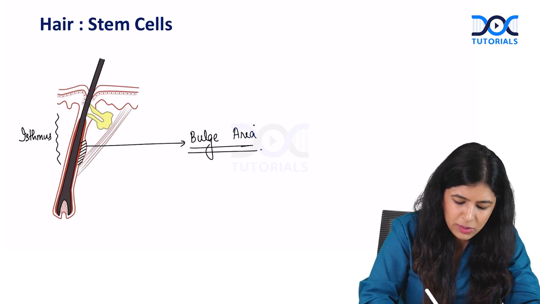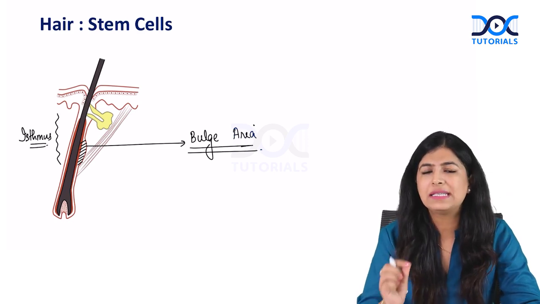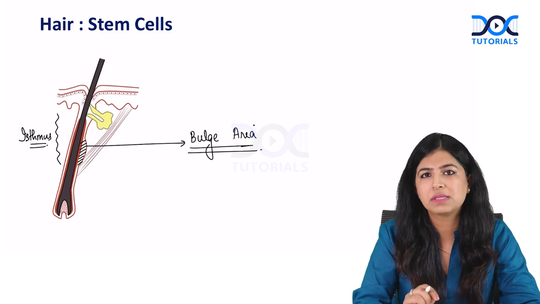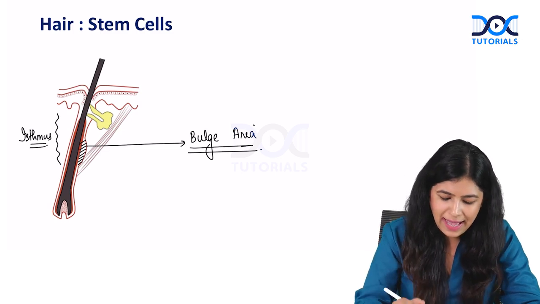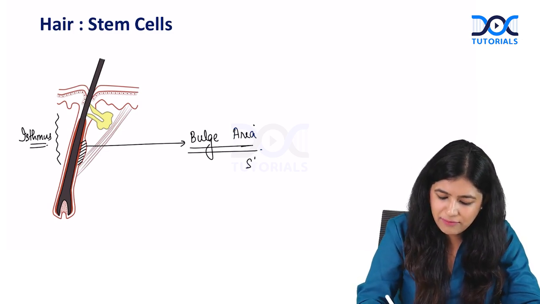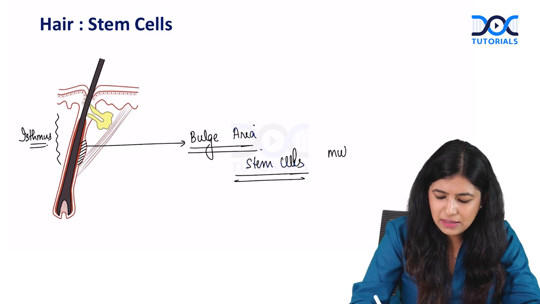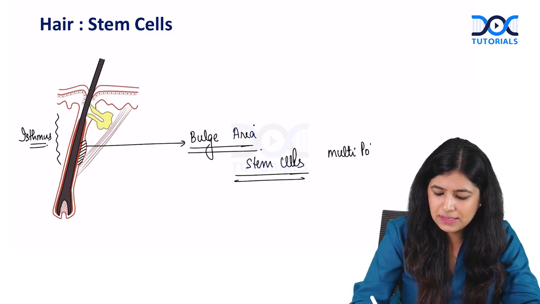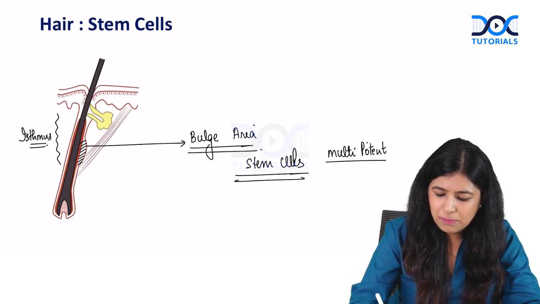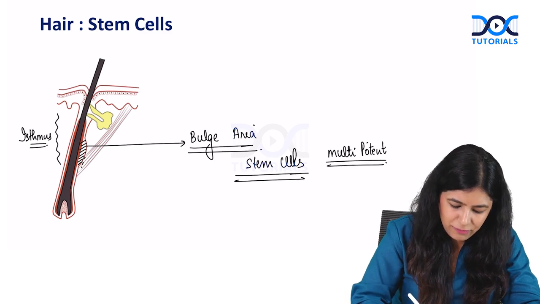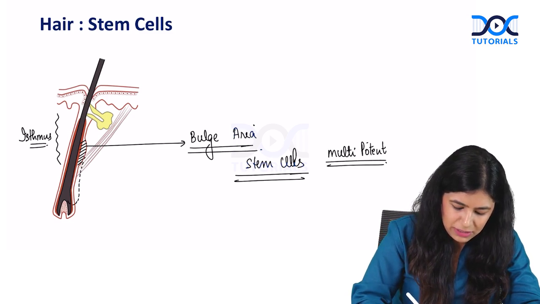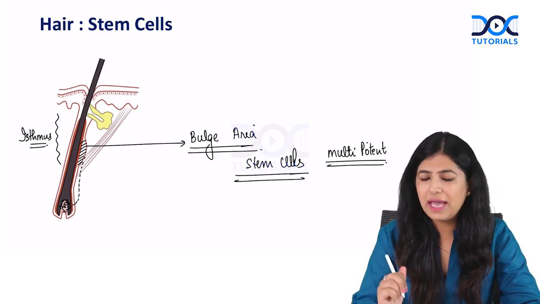So important to remember that the bulge area is present within the isthmus part of the hair. And in this bulge, we have the stem cells. Now, these stem cells are multipotent cells.